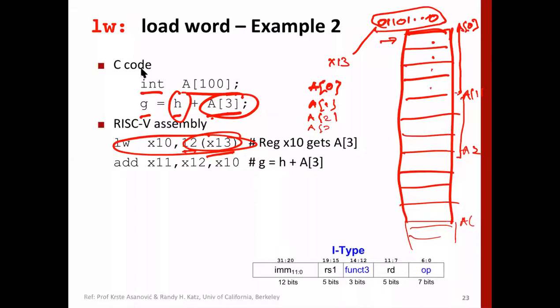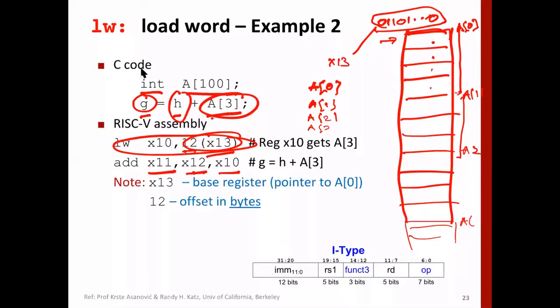We assume that it's in register x12. So add that to the temporary value and then move it to the register that contains g. That's in x11. So this is how it is done, where x3 is the base register and 12 is the offset.